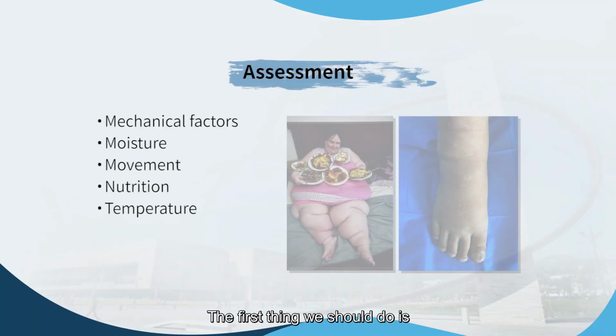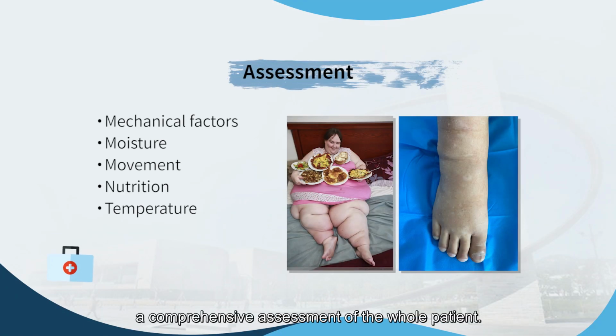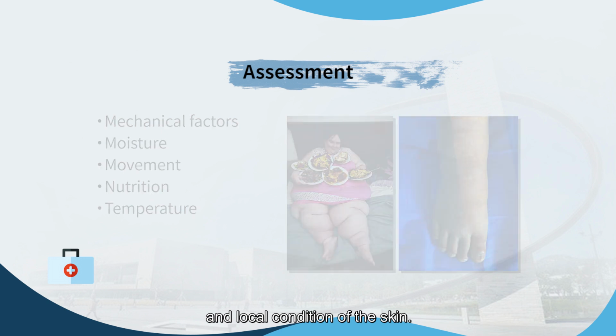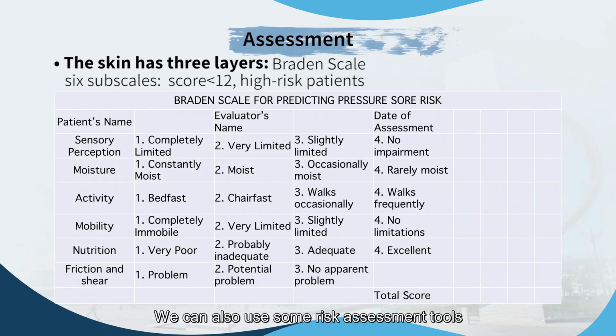The first thing we should do is a comprehensive assessment of the whole patient. We should evaluate the overall status such as general health, nutrition and mobility, and local condition of the skin. We can also use some risk assessment tools to evaluate a patient's risk of developing pressure ulcers.